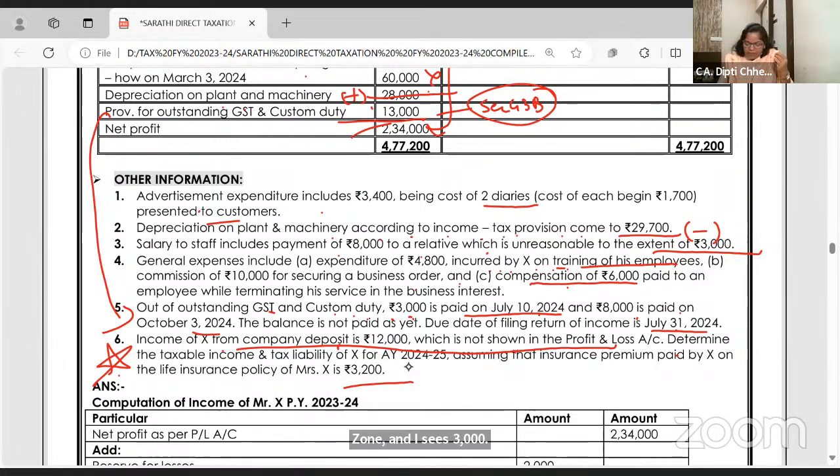Tell me, the income from the company deposit, they didn't credit in the P&L account. So should I credit and add or should I ignore? I want an answer from all of you. Very nice topic.